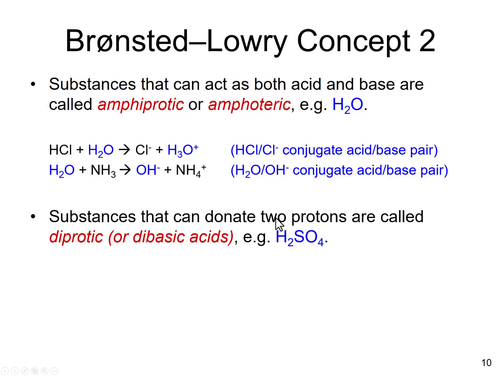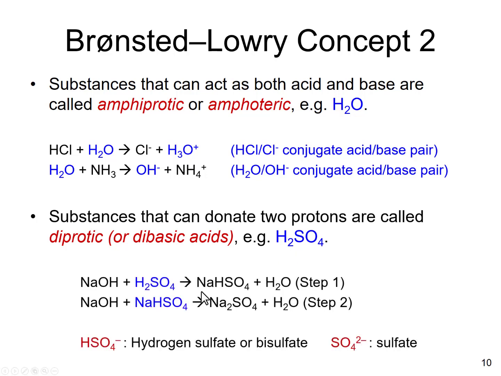Substances that can donate 2 protons are called diprotic, or they are also confusingly called dibasic acids. An example here is sulfuric acid. You can see there are 2 protons that you can donate. After donation of the first proton, you form the bisulfate, and after donation of the second proton from the bisulfate, you form sulfate as the anion.